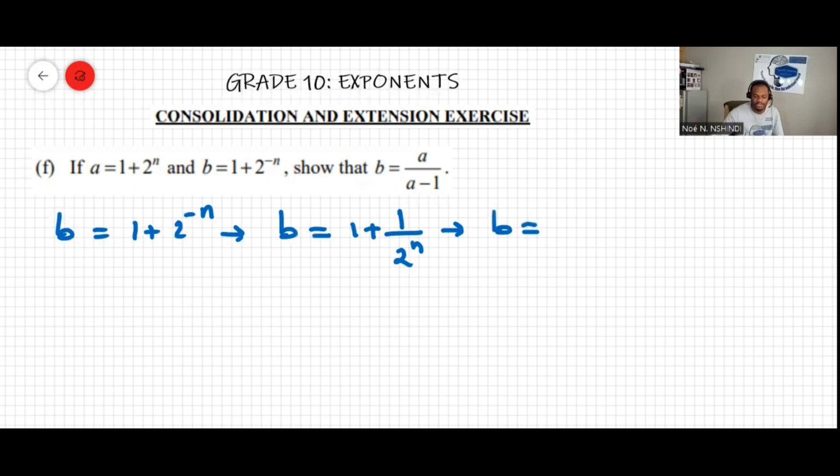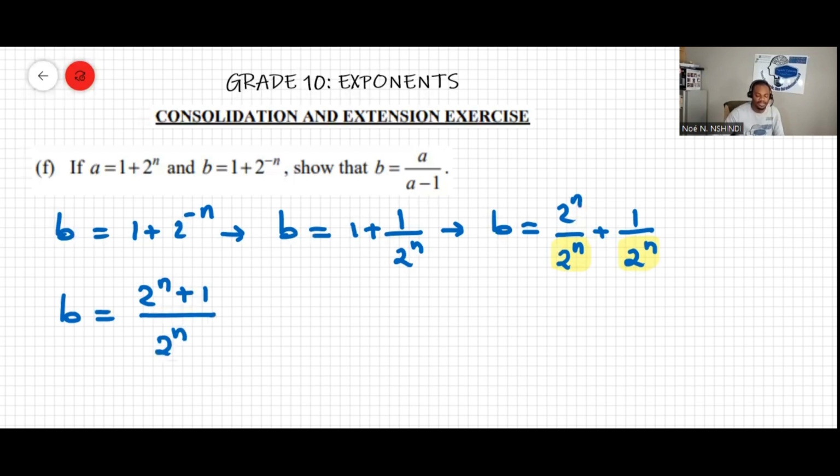So 1 can be written as 2 to the n over 2 to the n, plus 1 over 2 to the n. Now that we have a common denominator, 2 to the n, we can just add the numerators. So B equals 2 to the n plus 1 over 2 to the n.